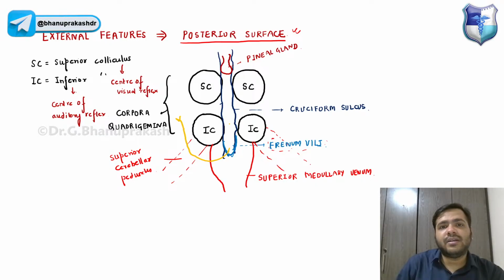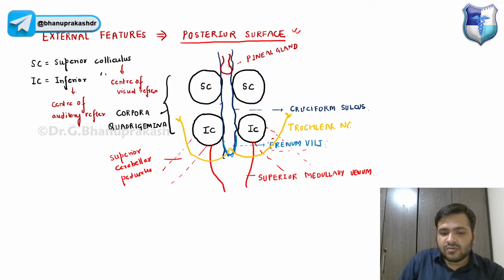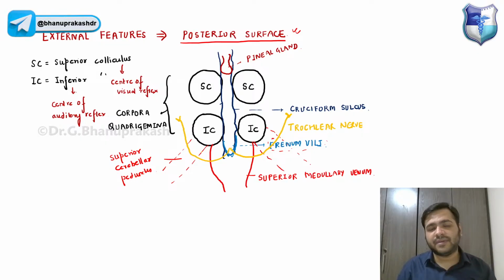It is the trochlear nerve, going on to both sides. You guys already know this trochlear nerve emerges from the posterior surface of the midbrain, immediately below the inferior colliculus, piercing the superior medullary velum to curve forwards, right in front, around the sides of the midbrain.